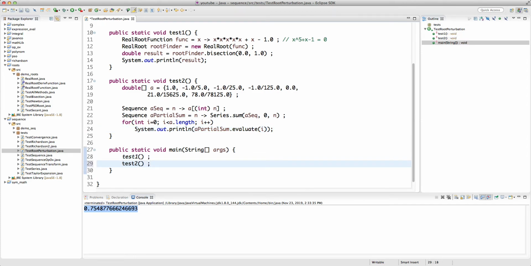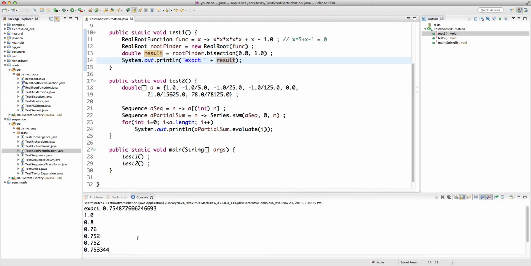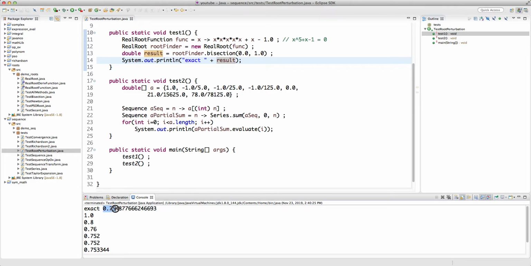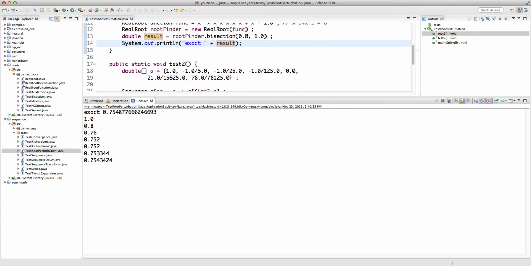Test 2, and maybe let's also print the exact result here. The exact was 0.754877, and then we see that when we sum these terms for the sequence that came out of the perturbation analysis, the first is 1, 0.8, 0.76, 0.752, 0.753344.